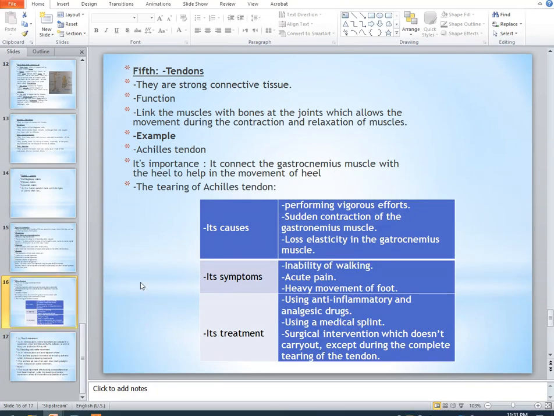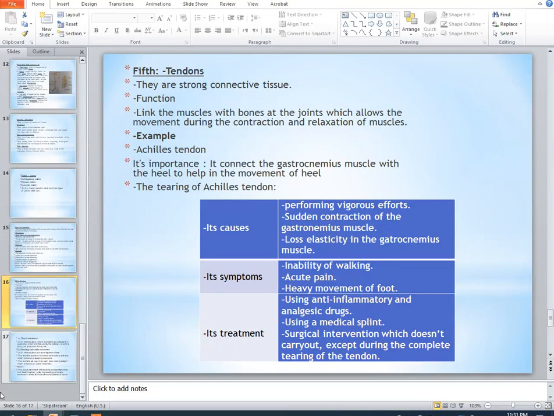Number 5, tendon. It is a strong connective tissue, and its function is to link the muscles with bones at the joint, which allows movement during the contraction and relaxation of muscles. Like the Achilles tendon, it is important to connect the gastrocnemius muscle with the heel to help in movement of the heel.